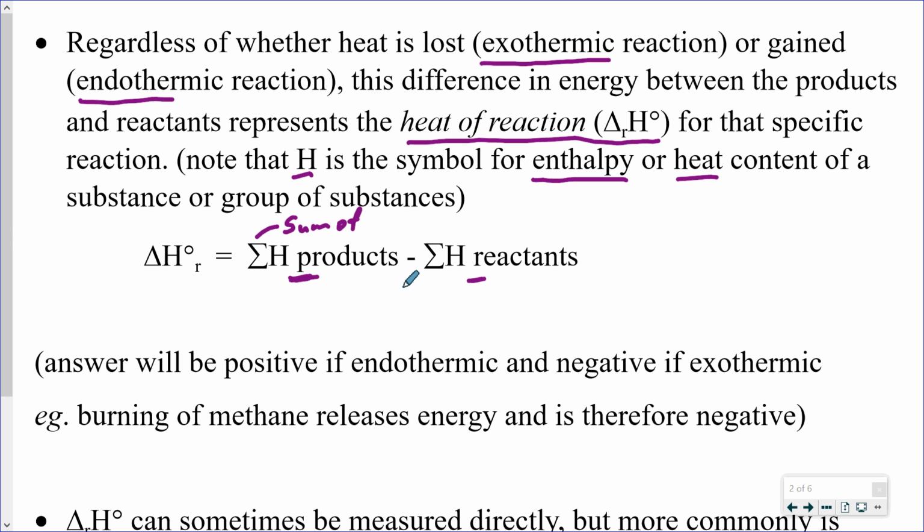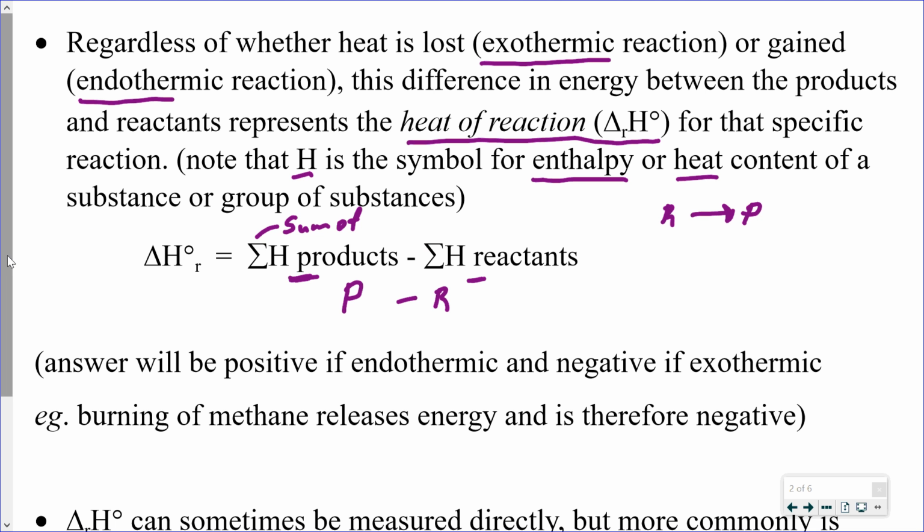So yes, it is products minus reactants, even though in a chemical reaction we of course write the reactants first, reactants going to products. When we do the calculations, it is products minus reactants.